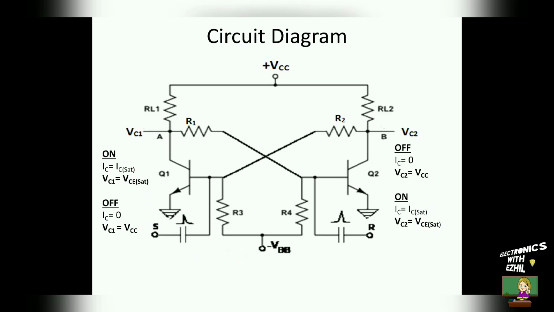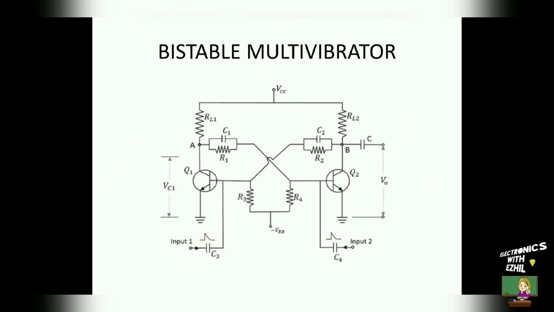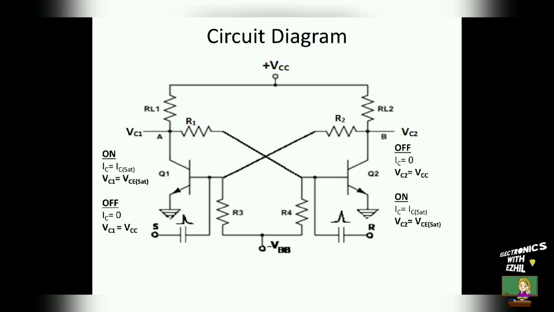Hence we can conclude the bistable multivibrator will stay either at plus VCC or VCE saturation until the external trigger pulses are given to it. The transition from one stable state to another stable state will not be done quickly because of the resistive coupling between the output of one transistor and the input of the other transistor.